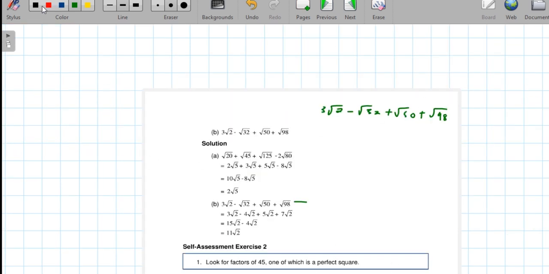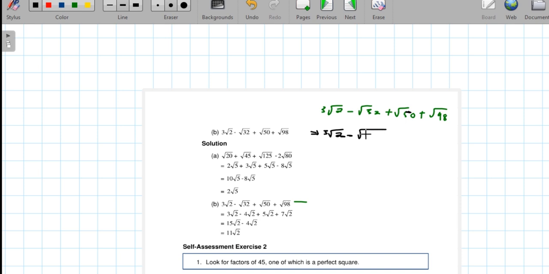Another interesting one. So you discover that from what we have here, we are going to be reducing all these other surds so that at the end of the day there will be similar surds, which will be multiples of root 2. So here what we have is root 32.